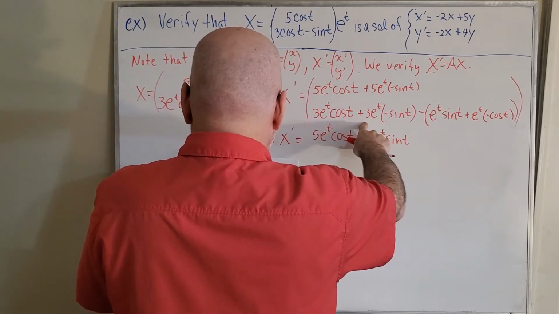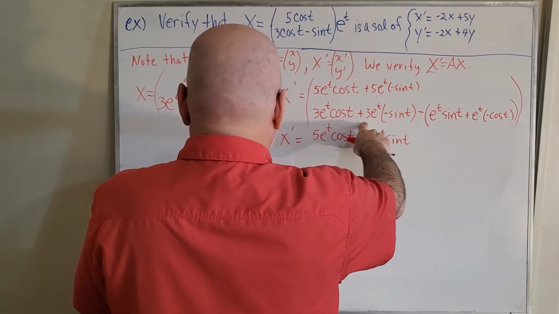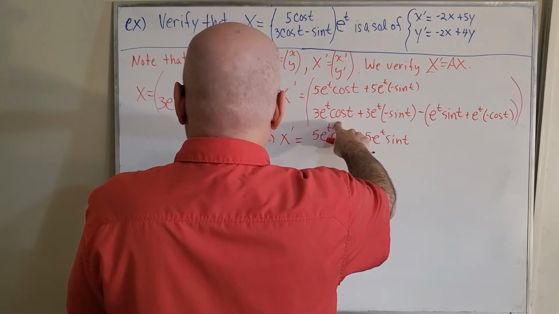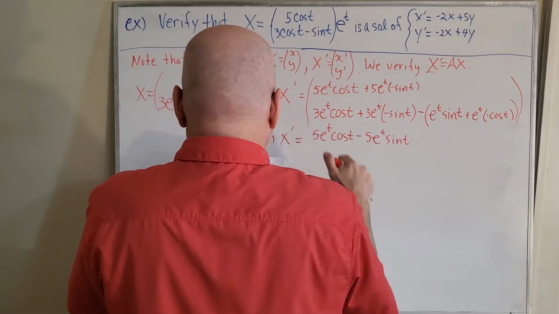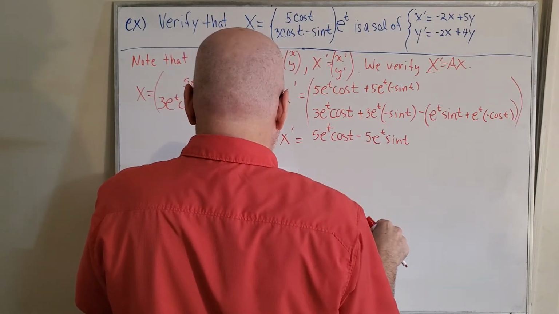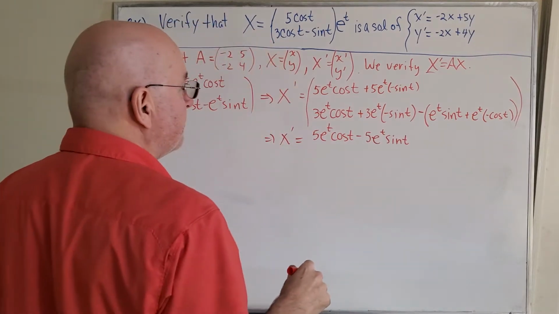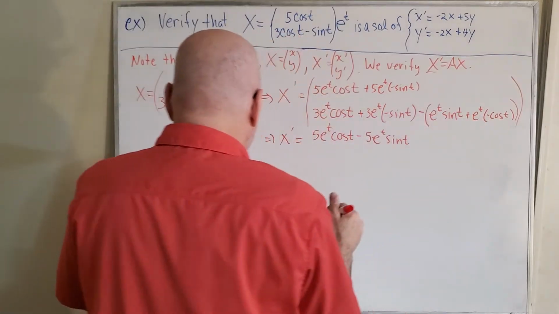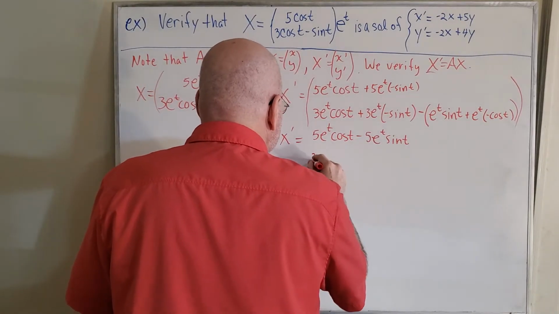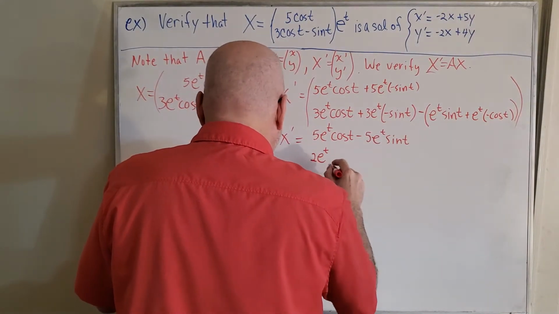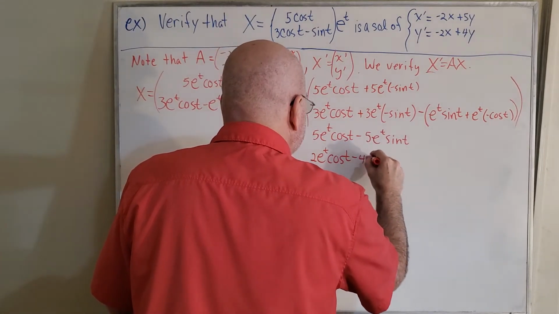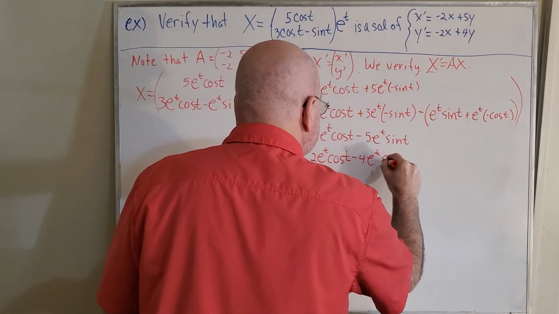I took cos t times e to the t. Yeah, I think we're good, but I'm going to go to my notes anyways. Combining the like terms here, we get 2e to the t cos t minus 4e to the t sin t.